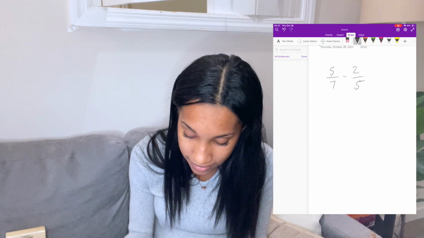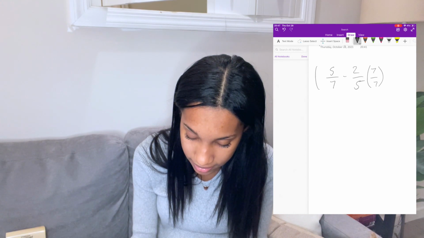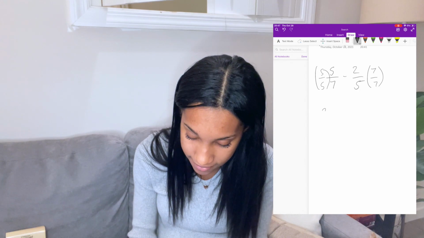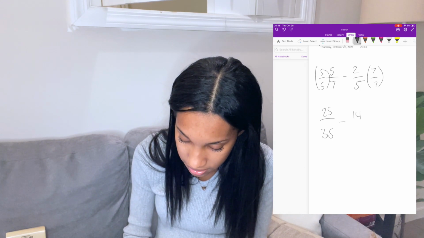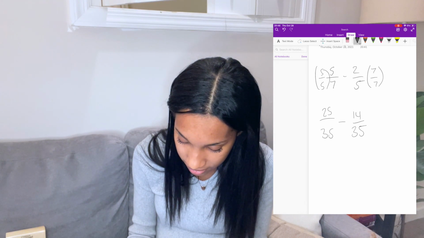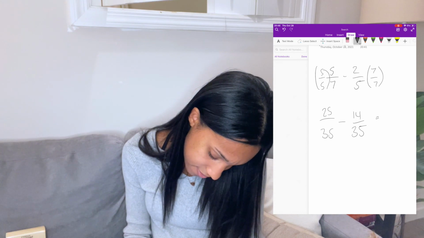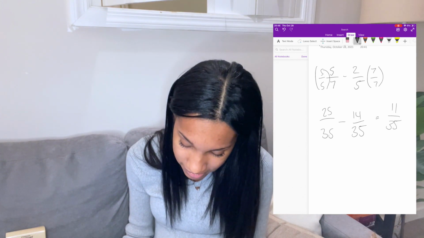So you're going to multiply this one by 7 over 7, and you're going to multiply this one by 5 over 5. So 5 times 5 is 25 over 35, minus 2 times 7 is 14 over 35, and then you're going to have 11 over 35. I don't think that simplifies into anything else, so that's your answer.